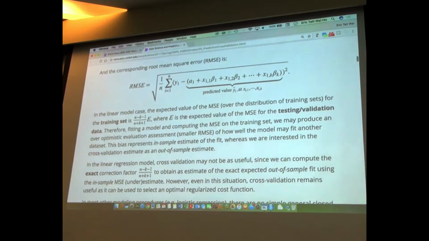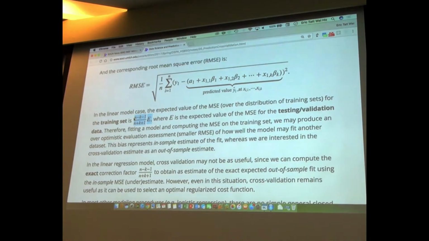So if you let E represent the expected error on the testing or validation data set, the real error rate on the prospective data, then the training data error rate in the linear model case has a closed form analytical expression. People have worked that out really beautifully for ordinary least squares estimates.